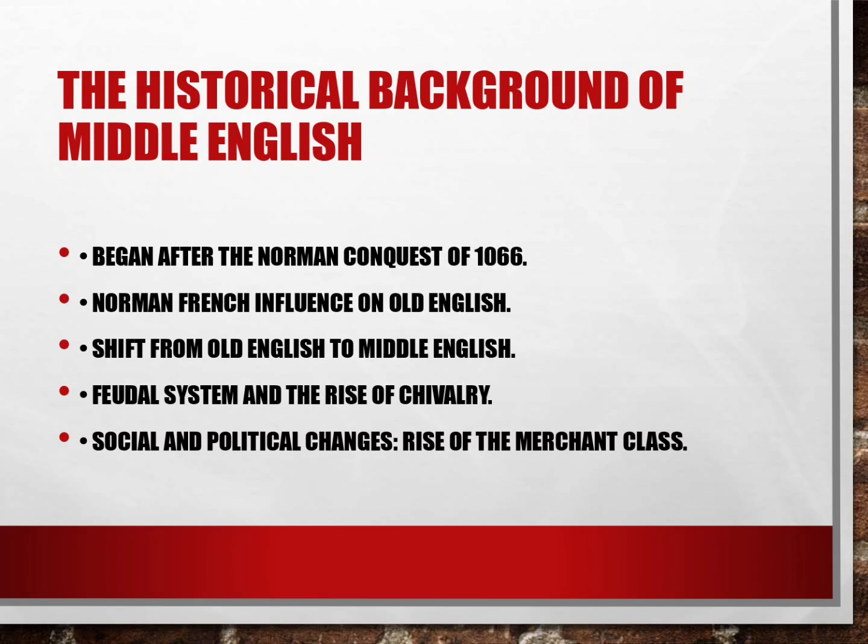It significantly reduced the population of England, leading to labor shortages and shifts in social structures. This also contributed to the rising status of the English language, as the working class gained more economic power and more influence over time. So that's how the social and political changes happened, along with the rise of the merchant class in the Middle English period.